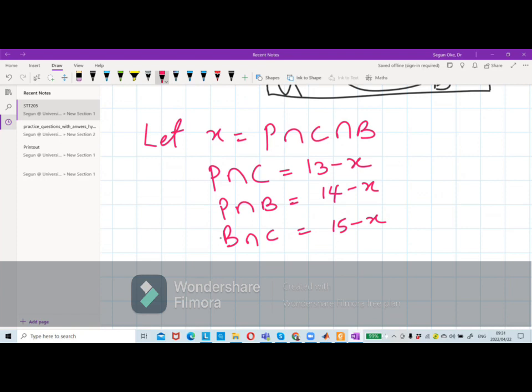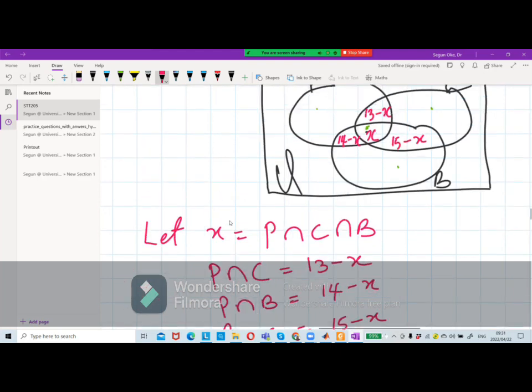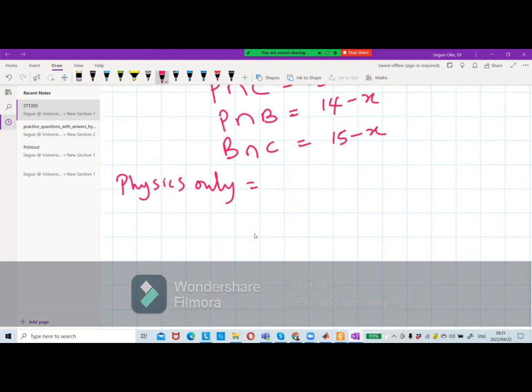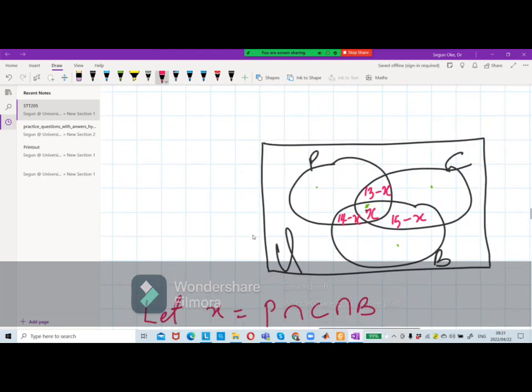So for us to now solve for physics only, all we need to do is, what's the total number they mentioned from the question? They mentioned 34. So it simply means P equals 34.